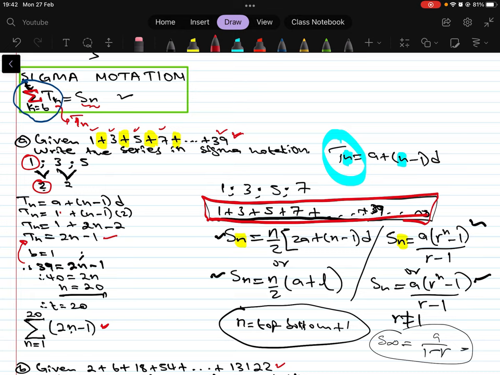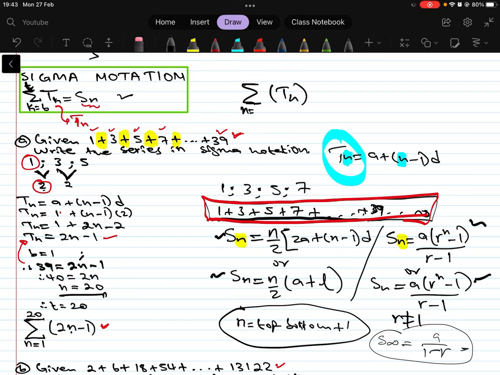maybe before I proceed, one thing I need to do is explain the top part that I just wrote there, what I mean by sigma notation. I did just say that it's basically the shortened way of representing a series. So all you need to do is use this sign, the sigma sign, and then you get the general formula and put it in brackets like that.